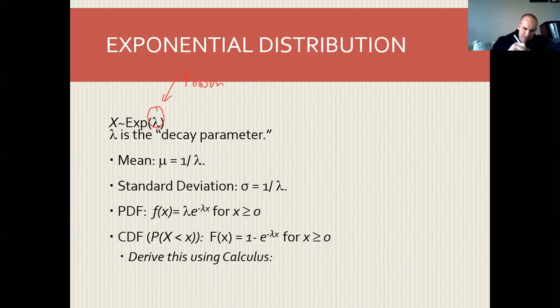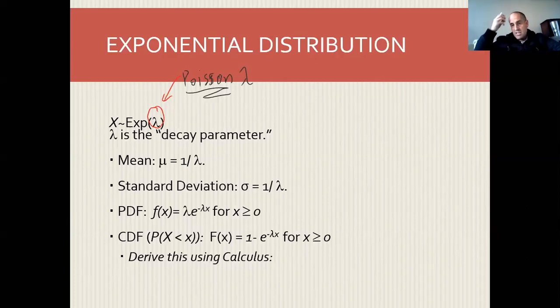It's very important. The mean of the exponential distribution is going to be 1 over lambda.